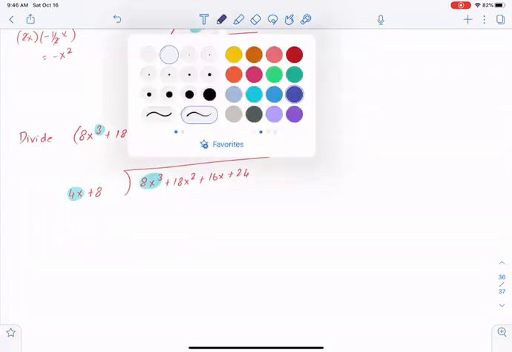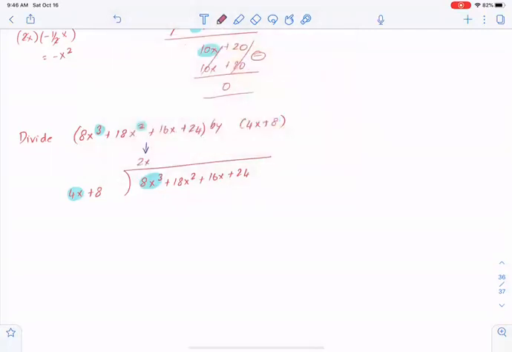So 4x times 2x squared will give me 8x cubed plus 8 times 2x squared, 16x squared. The rest are 0. Always subtract. Those two would go away. 18x squared minus 16x squared is 2x squared. 16x minus 0, 16x. 24 minus 0, 24.